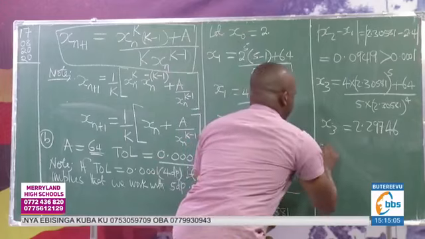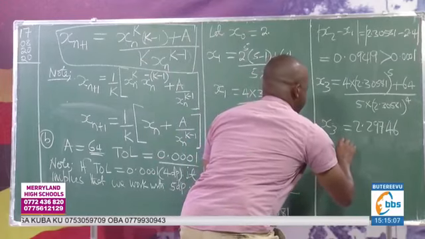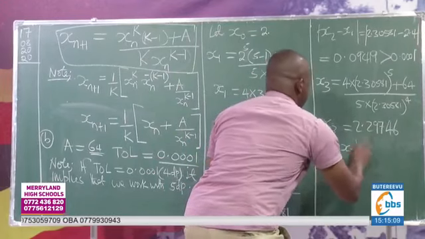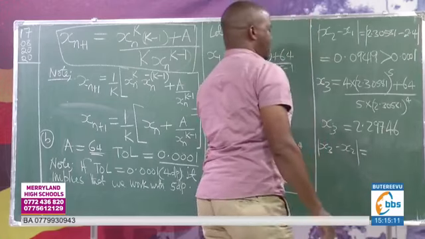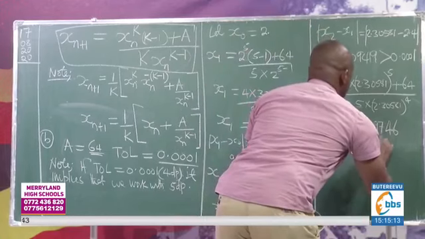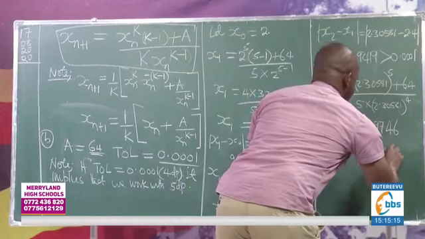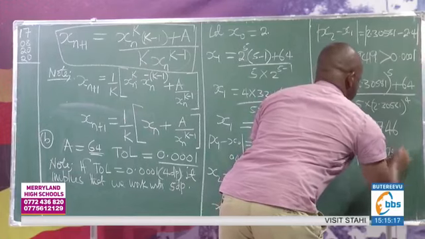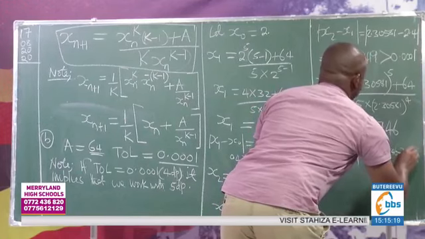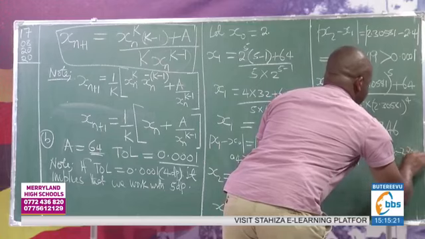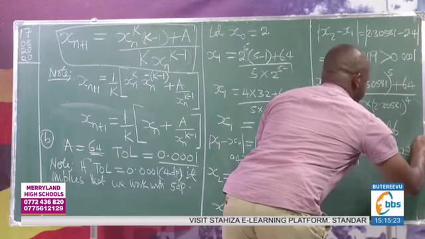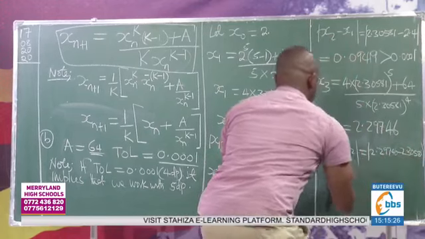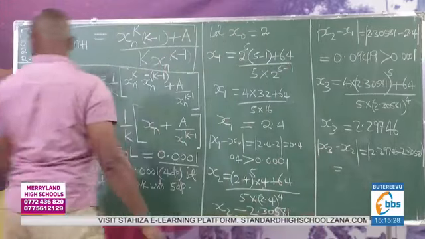We look for the tolerance by subtraction. If you subtract 2.29746 minus 2.30581, it gives us a value which is still greater.